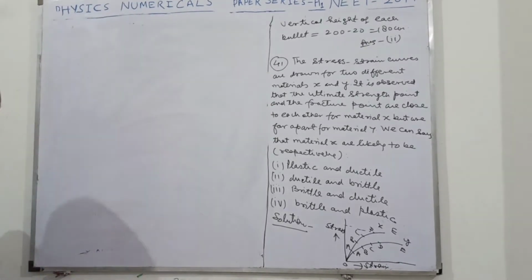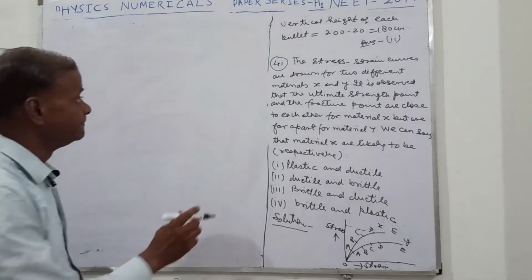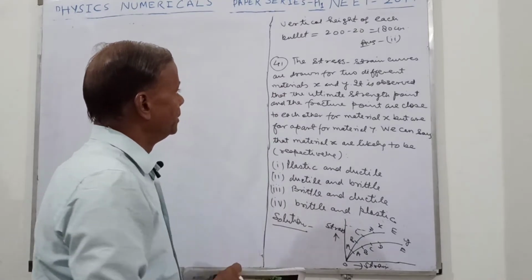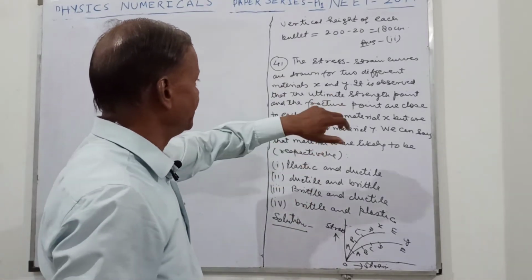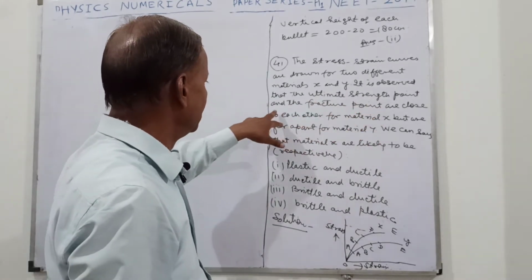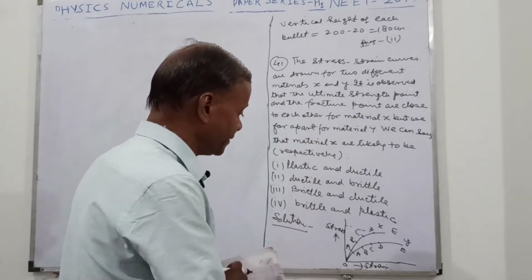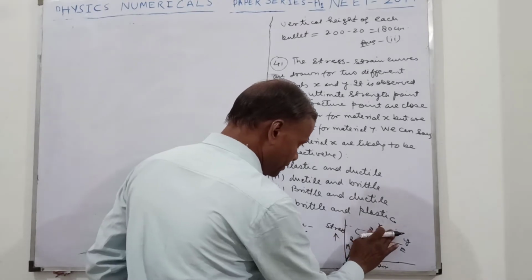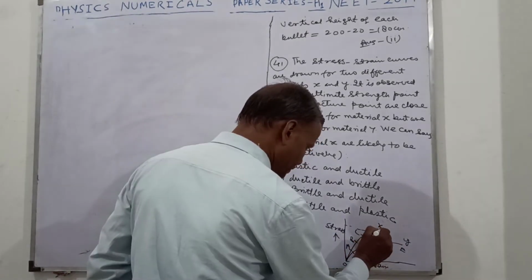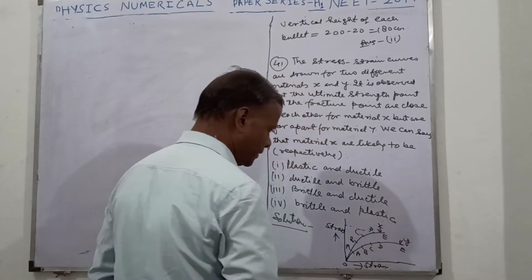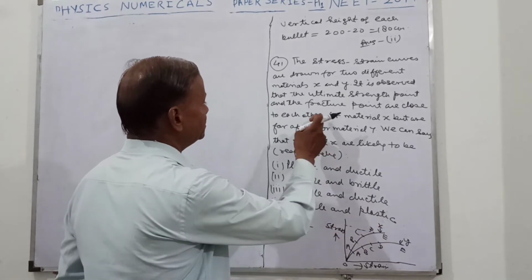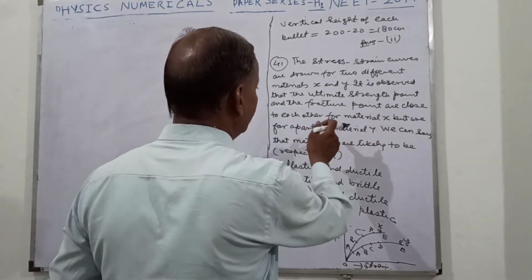So what is given in the question, we have to read it again so that we can understand. For the two different materials X and Y, it is observed that the ultimate strength point and the fracture point. So this is the fracture point E, this is X, this is Y. This is the fracture point E and D. D is the ultimate strength point that we are given.